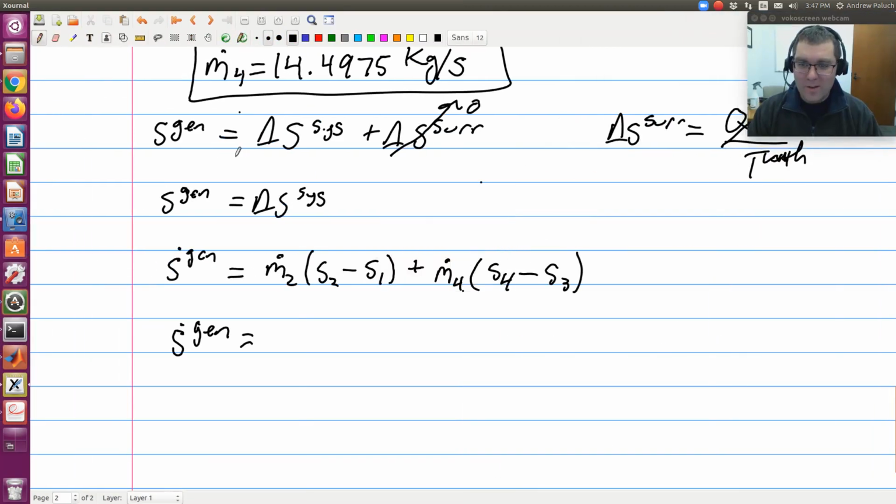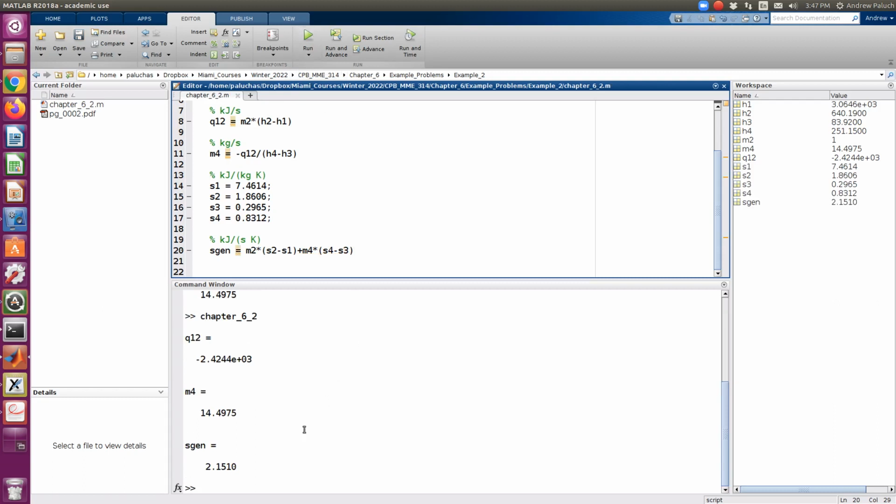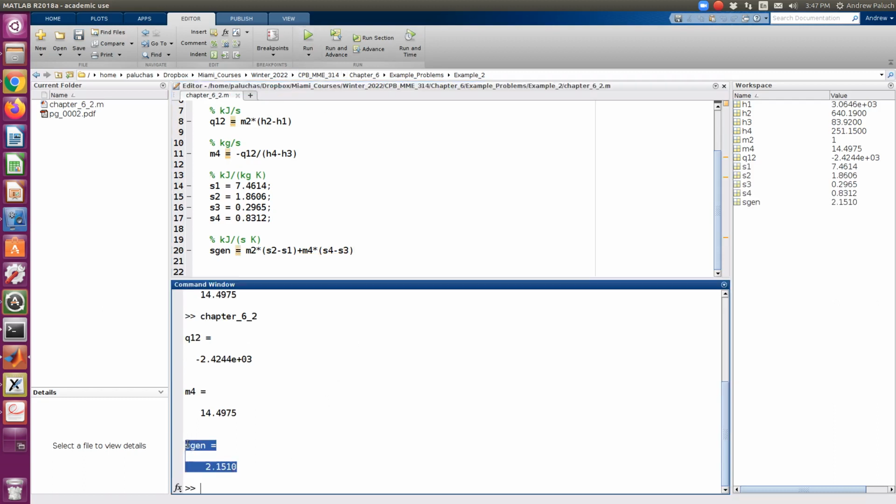So Sgen is equal to, I called this M2 up here, M2 times S2 minus S1 plus M4 times S4 minus S3. And we get Sgen, it's positive, perfect.